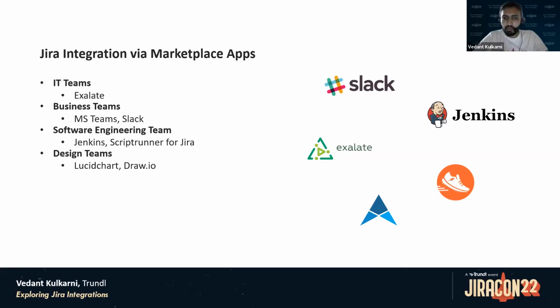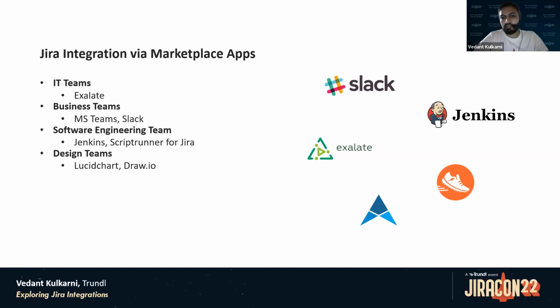What you need is to collaborate with the other end of the team. If it is a ServiceNow team, then you work with the ServiceNow team and your Jira admins, and collaboratively do this sort of integration.